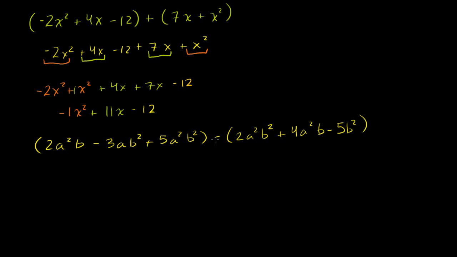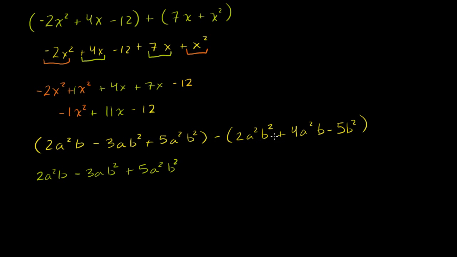So here I have a minus sign. I have multiple variables. But let's just go through this step by step. So the first thing you want to do is distribute this minus sign. So this first part we can just write as 2a squared b minus 3ab squared plus 5a squared b squared.